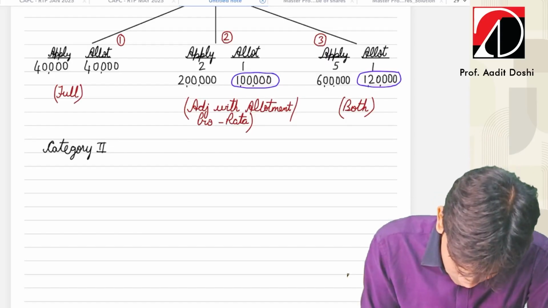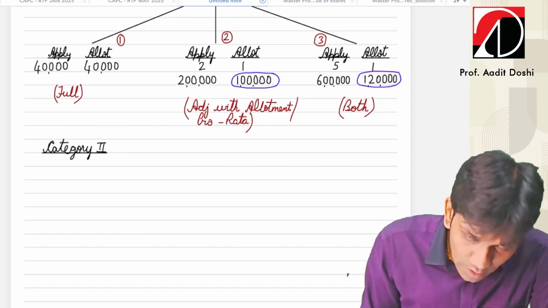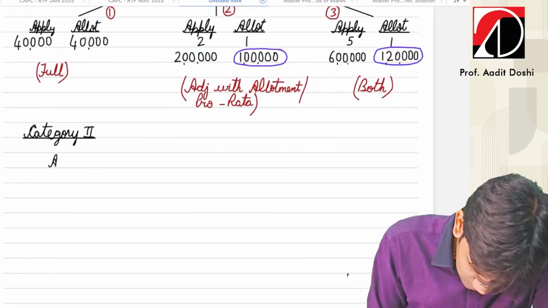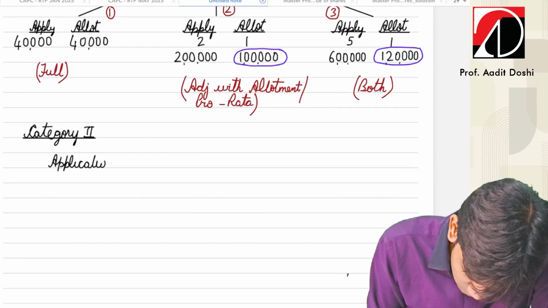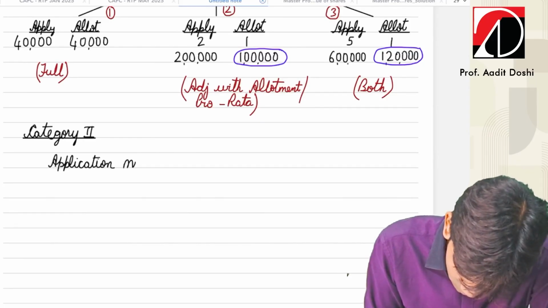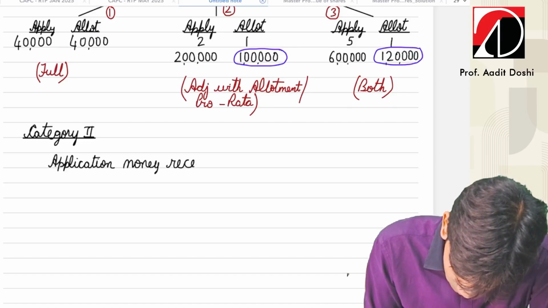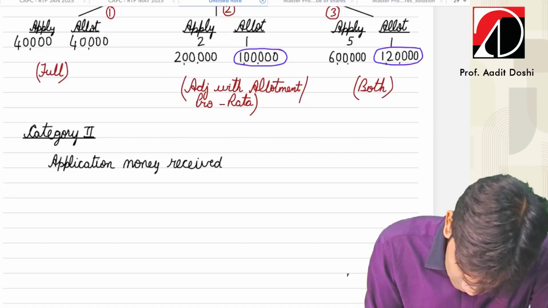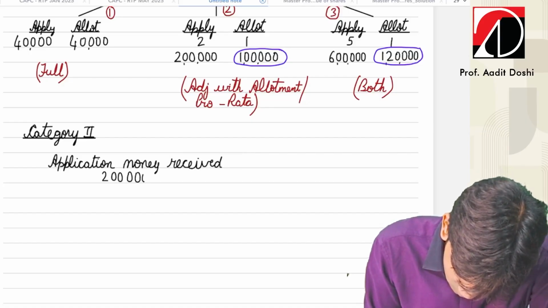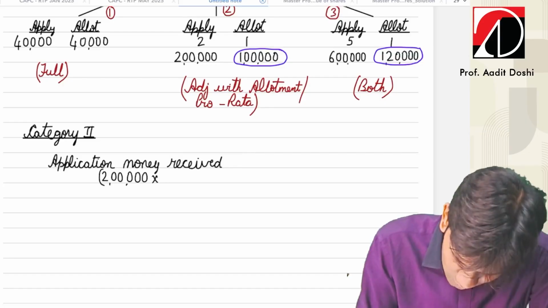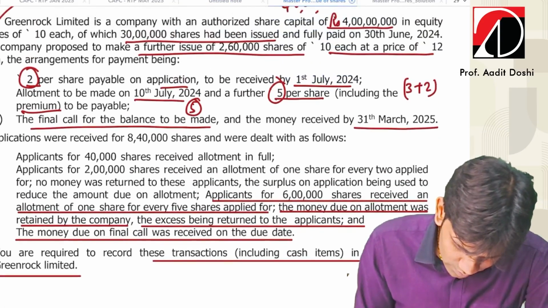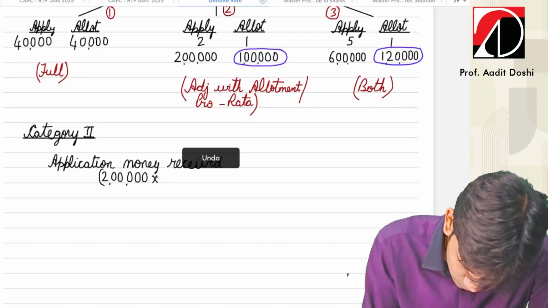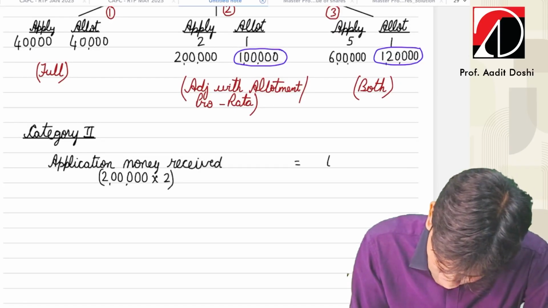Category 2. Now here I will write application money received. Now how many applications did I get? 2 lakh into, what is the application money amount? I think it is 2 rupees per share, which comes to 4 lakh.